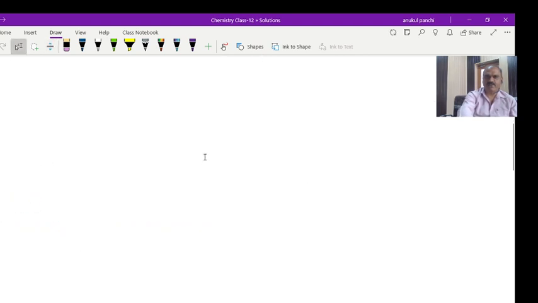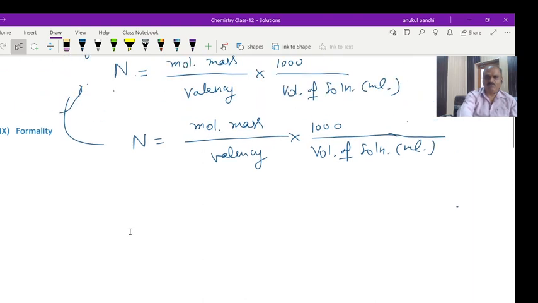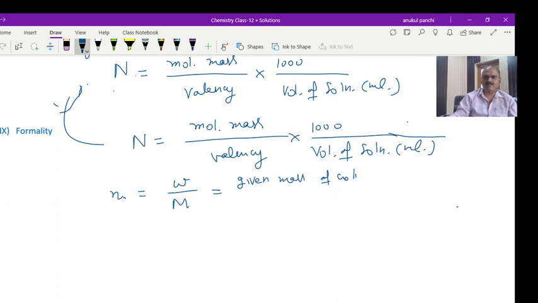Let us make this formula for any number of moles. We know number of moles is equal to W upon capital M, that is given mass of solute upon molar mass of solute. Okay.